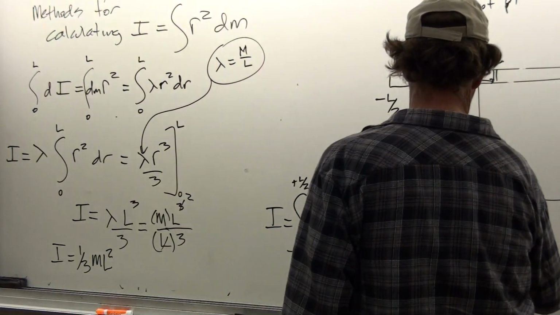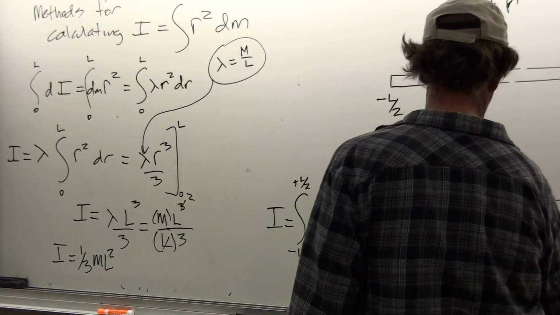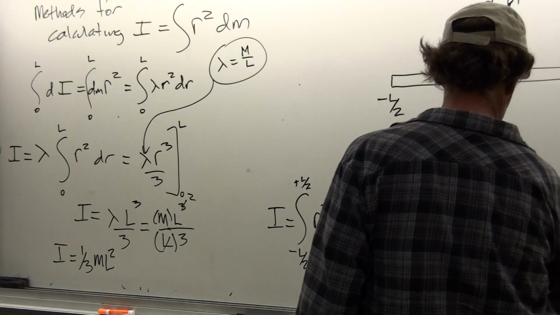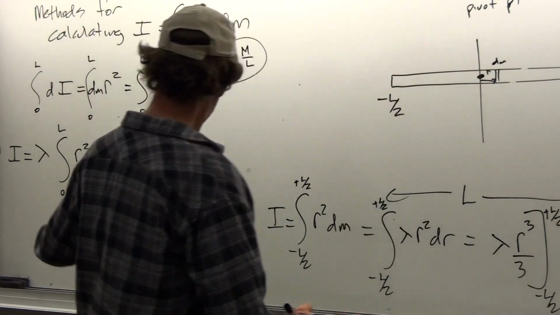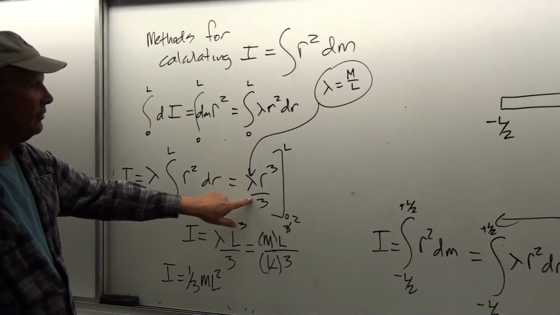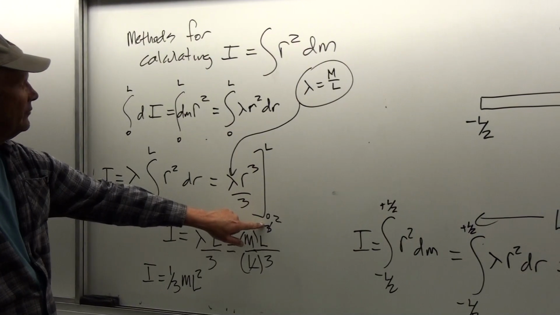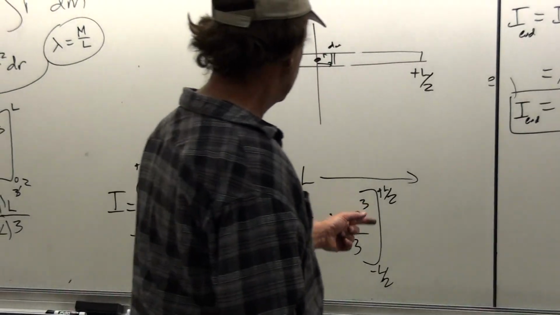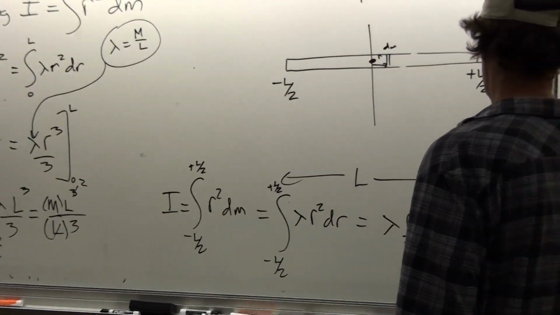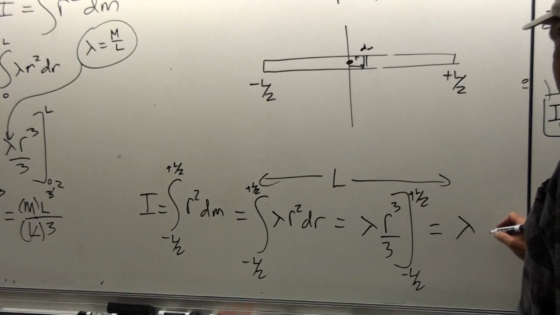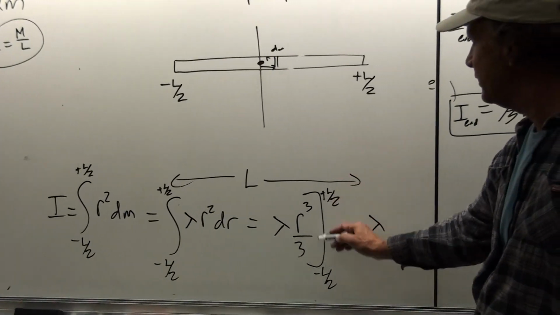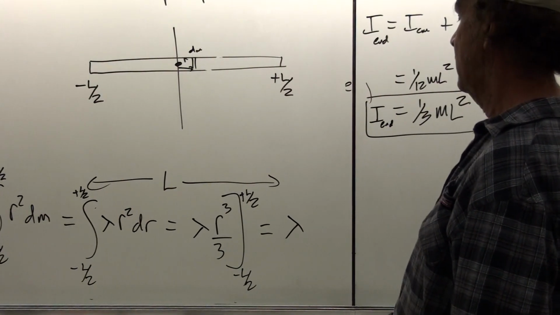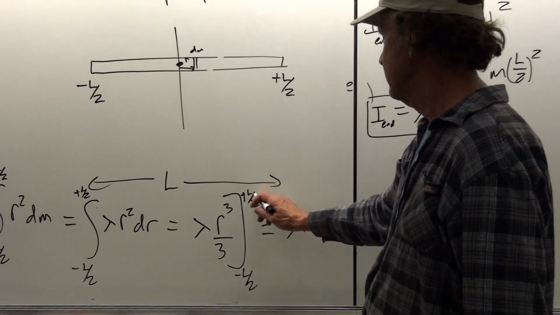That's going to be lambda times r cubed over 3 from minus L over 2 to plus L over 2. Notice that everything's the same as it was here, except for the limits of integration. And so when I plug those in, I'm hoping that that'll give me the 1/12 ml squared that I'm looking for here. So I'm going to wait to plug in the lambda until after I'm all done converting the r into something that involves L, right?